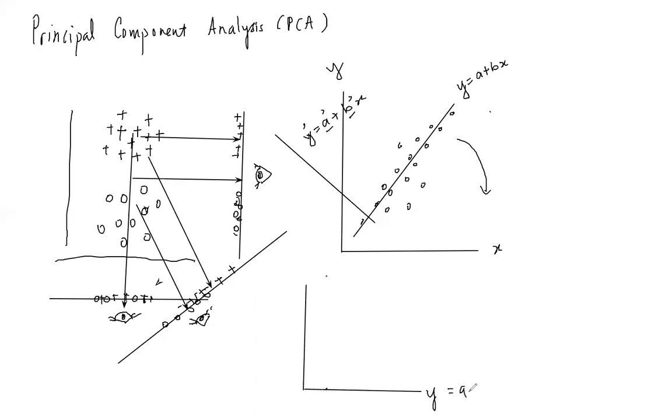After you rotate, you will have y equals a plus bx as your x-axis, and y prime equals a prime plus b prime x as your new y-axis. The data points will basically scatter like this. You think of it as just a rotation.